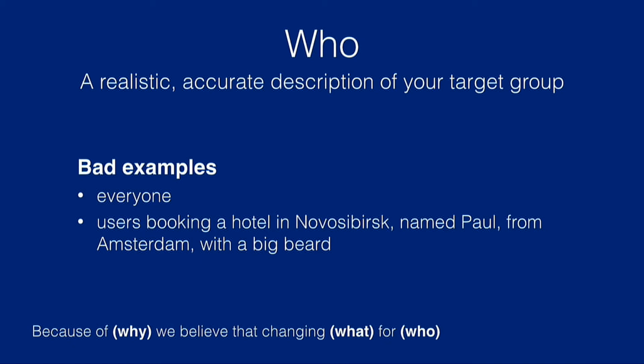You're probably not going to have a lot of users like that. So try to get a good, realistic target group. Instead of everyone, you could say users visiting the homepage, because you're going to change something there. So in this case, it's everyone that's on the homepage.